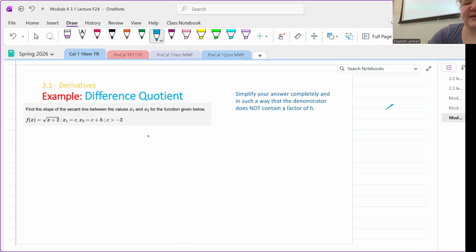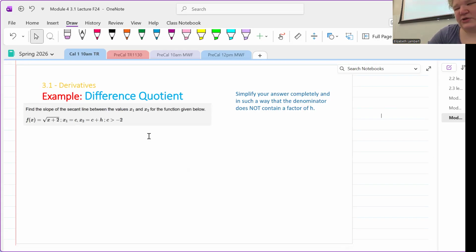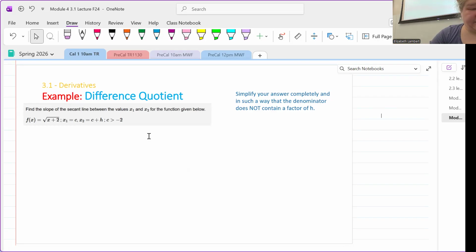If we picked a c value smaller than -2, then I'd be trying to square root a negative number and it wouldn't be a point on the graph. It should also be stated here that h is positive, but that is just an assumed fact that comes from the definition of the difference quotient, kind of.